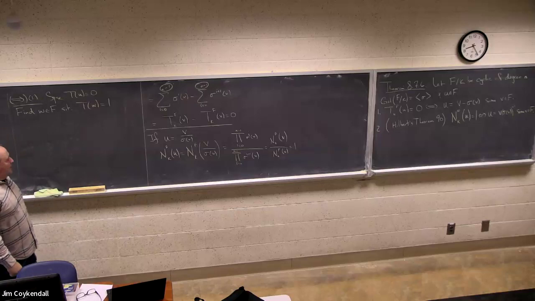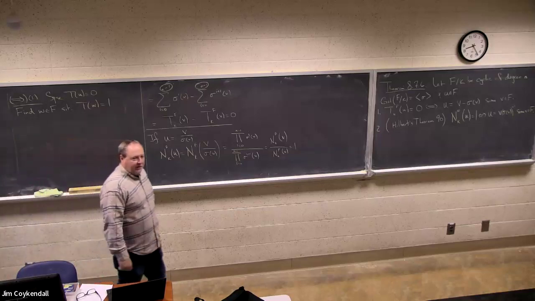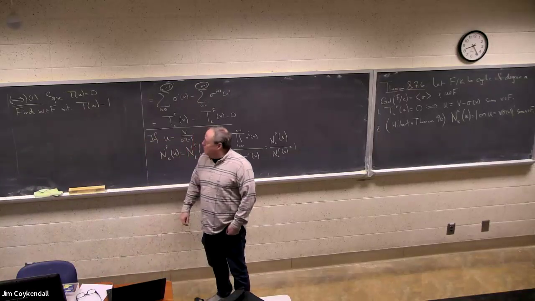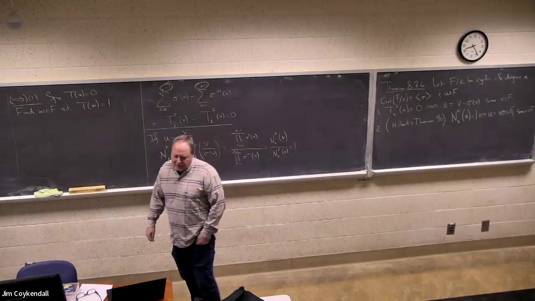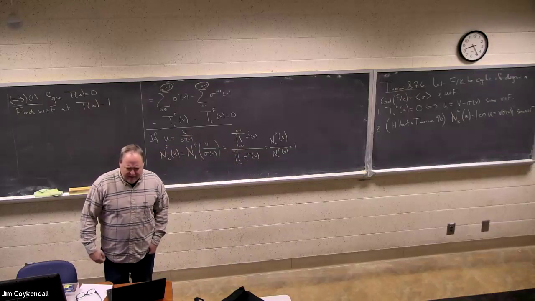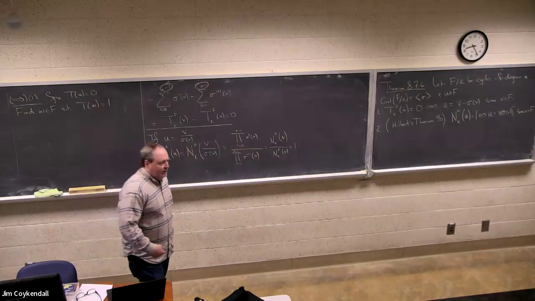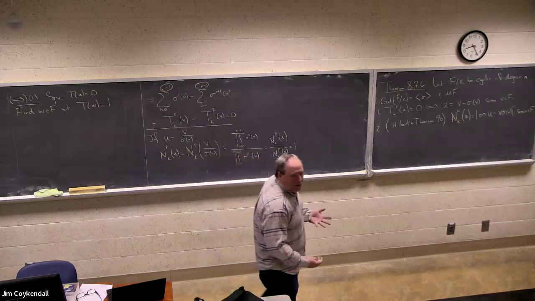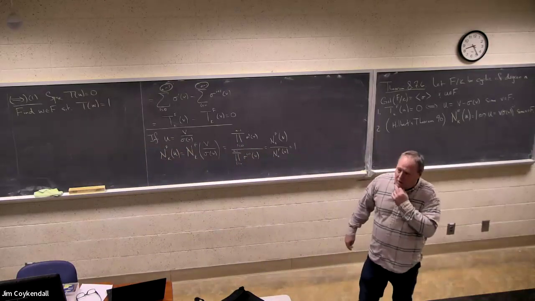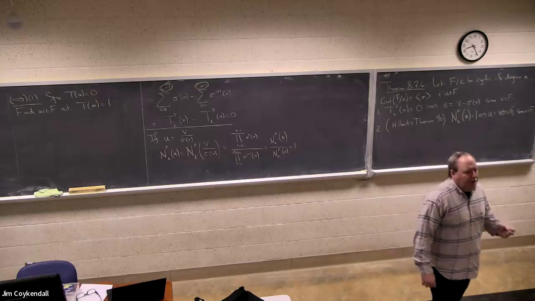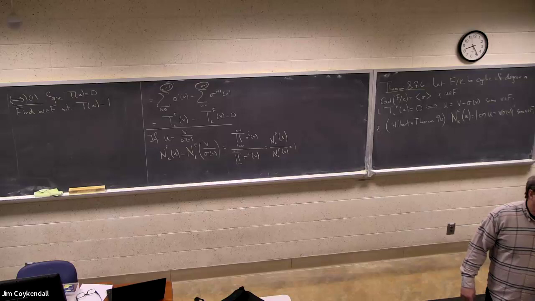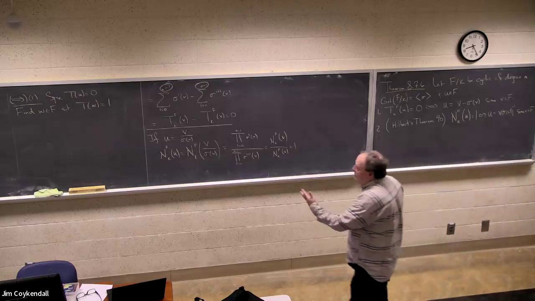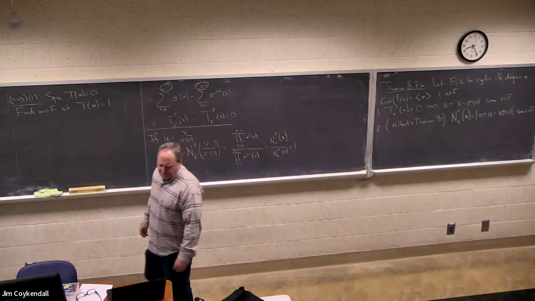It looks like I'm just pulling this out of some strange orifice, but the truth of the matter is this proof was born from somebody's blood, sweat, and tears. So we know that this is coming. How are we going to do this? How do you know that there's something with trace 1? Well, all you need to do is find something that's got trace not 0 and divide out by the trace. And how do you find something whose trace is not 0?